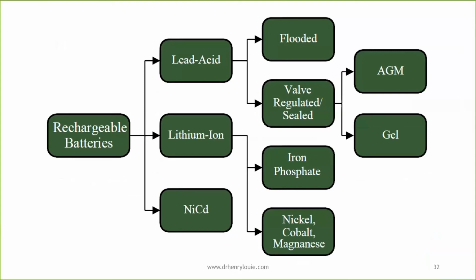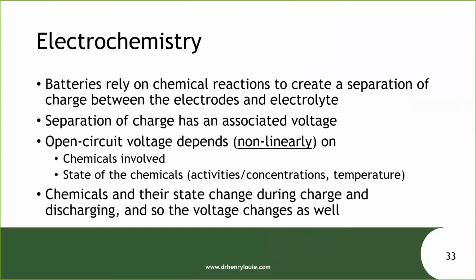And there are several types of batteries that one could choose for an off-grid system. What we see mostly now are lead-acid and lithium-ion batteries, and I'm going to focus more on lead-acid batteries. Again, the book has more details on lithium-ion. But regardless of the type of battery, they all work by basically exploiting some chemical reactions between the electrolyte and the electrode to create a separation of charge.